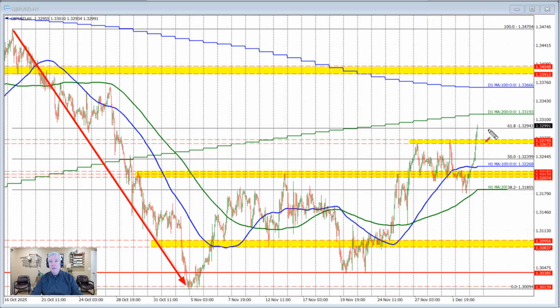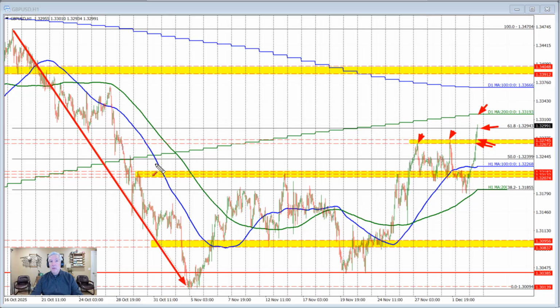So getting above that level is somewhat positive. Next target, and this is now the risk-defining level. This is the risk-defining level just simply because of the fact that it was these two highs going back a week ago. So getting above that level is positive, and getting above the 61.8% is also positive.